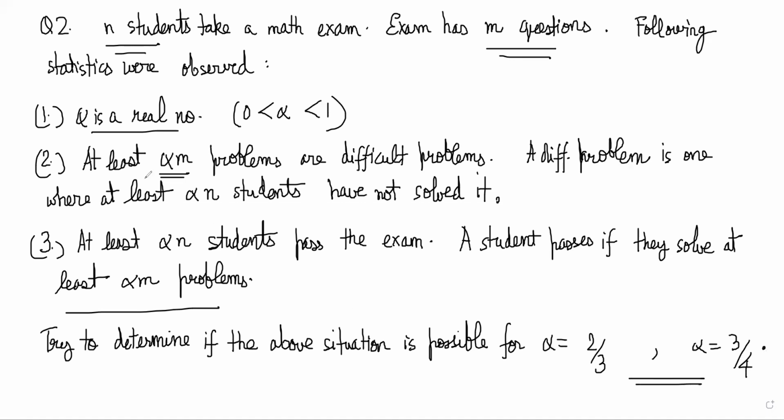Check whether this situation is possible for alpha is equal to 2 by 3 or alpha is equal to 3 by 4. So we'll try it here. The first thing that we'll say is we'll check for alpha is equal to 2 by 3. Now, one way to prove such questions is to construct a counter example. So what I will try to do is I'll try to set up a situation where alpha is equal to 2 by 3 is possible.